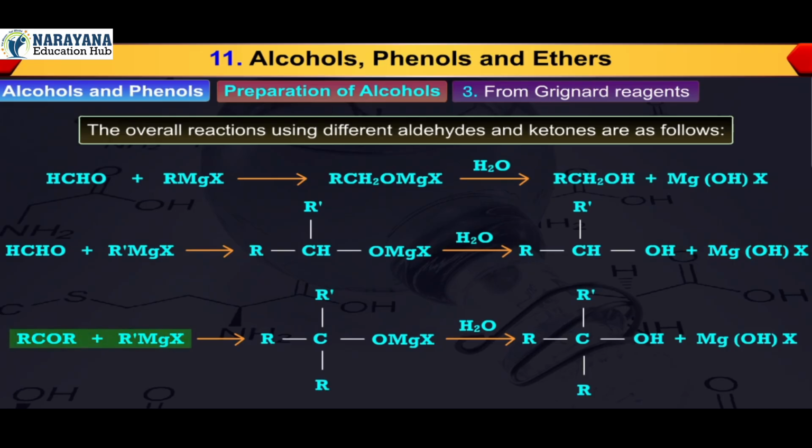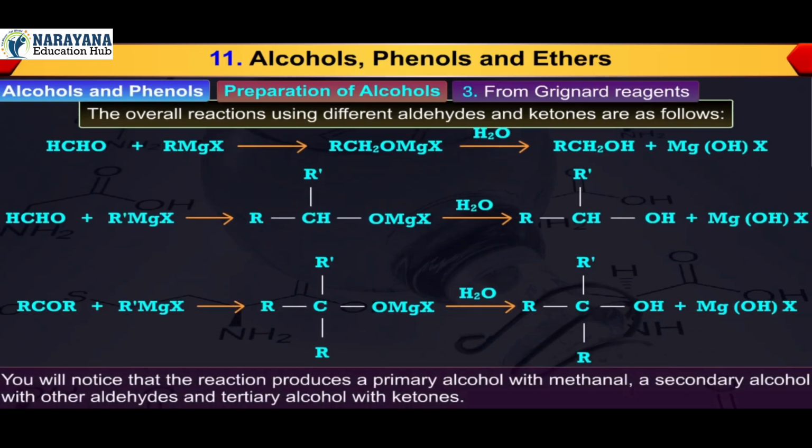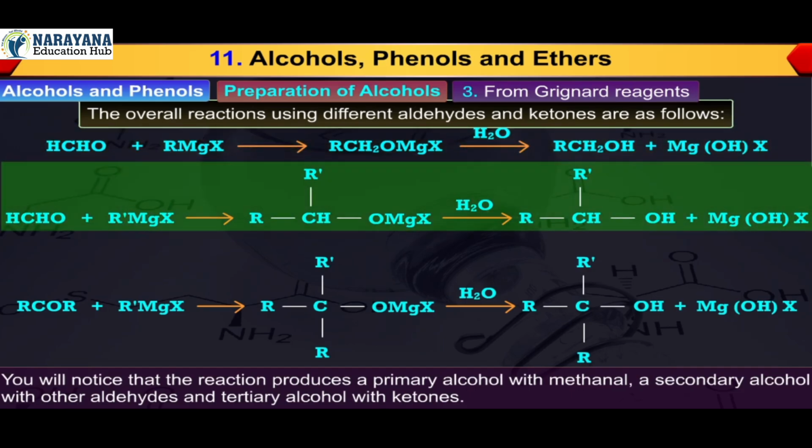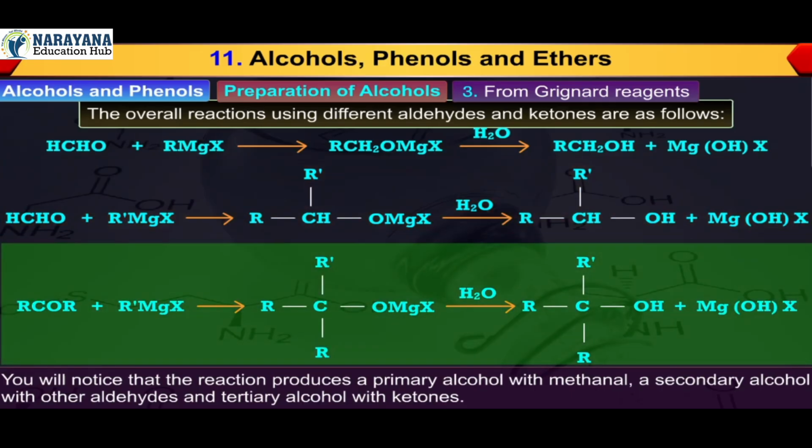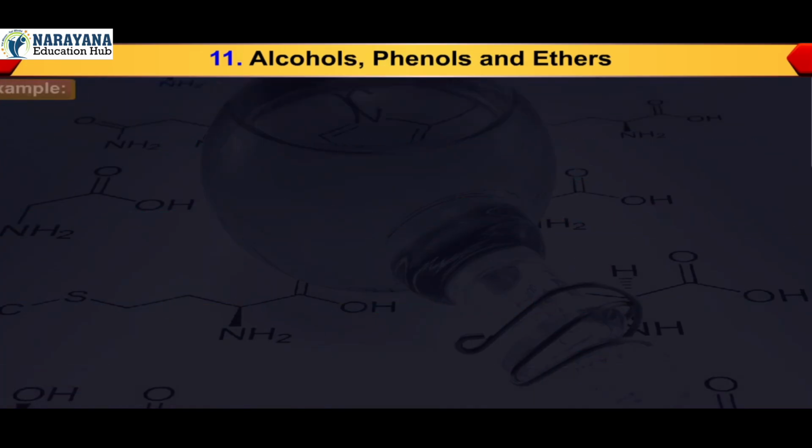RCOR plus R'MgX gives RCR'R-OMgX, which in the presence of H2O gives RCR'R-OH plus Mg(OH)X. You will notice that the reaction produces a primary alcohol with methanal, a secondary alcohol with other aldehydes, and a tertiary alcohol with ketones.